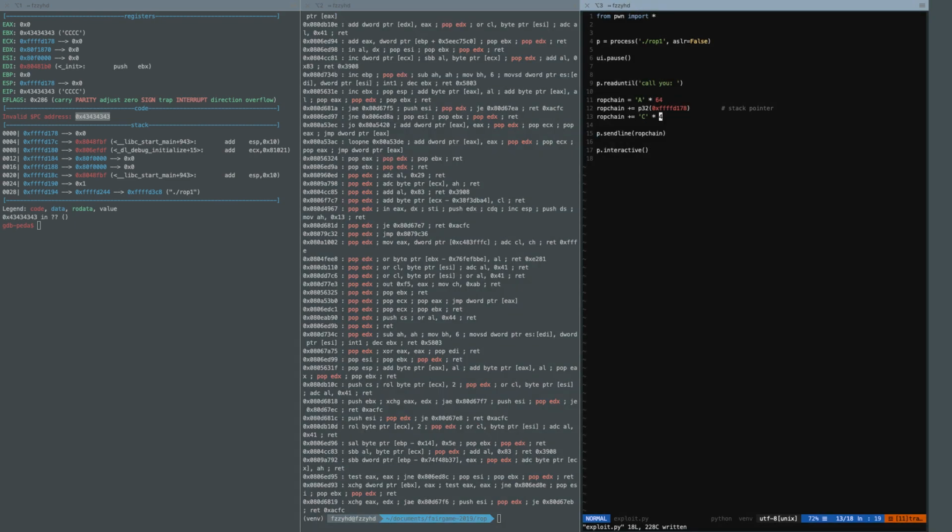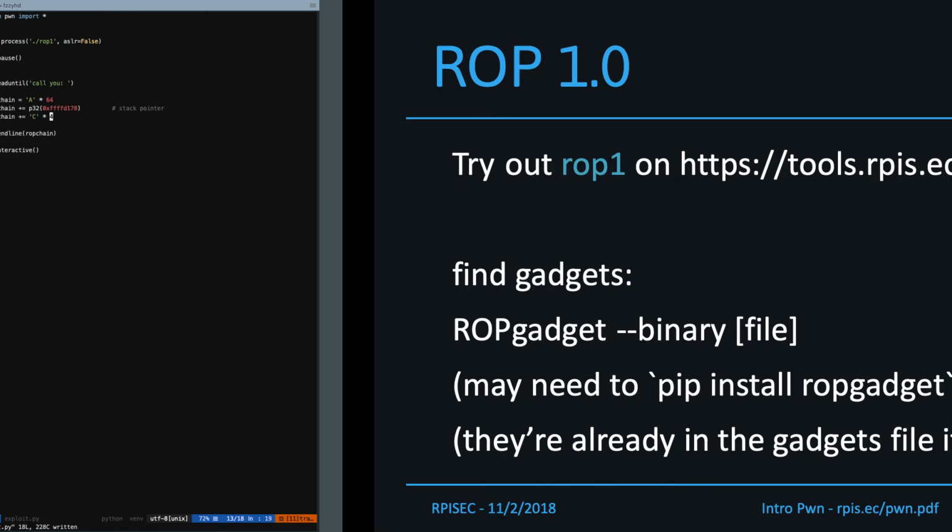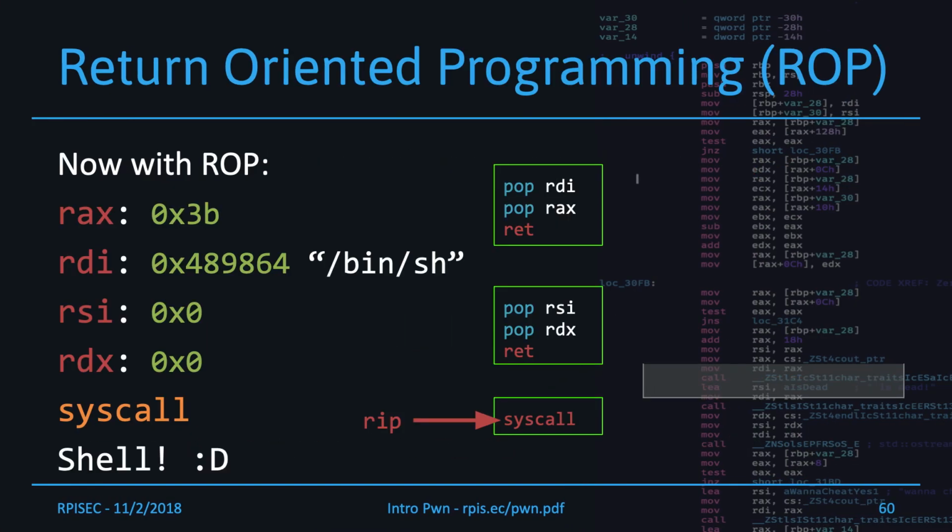First, if we go back to our slides, it's a little bit different because our binary is 32-bit but the slides have 64-bit, though it's kind of the same. First we want RAX to be our syscall number.